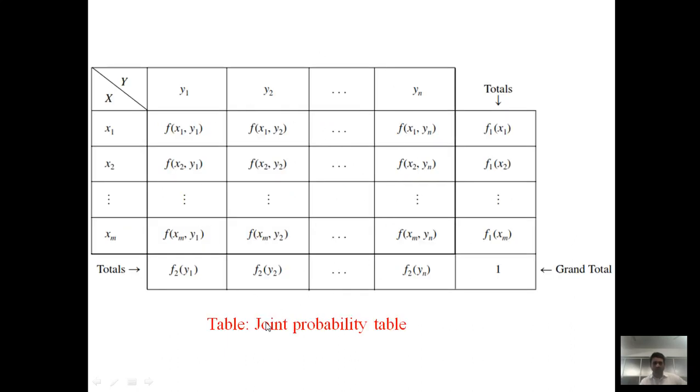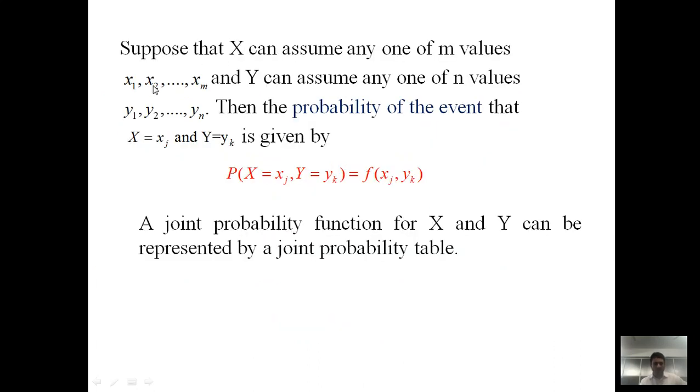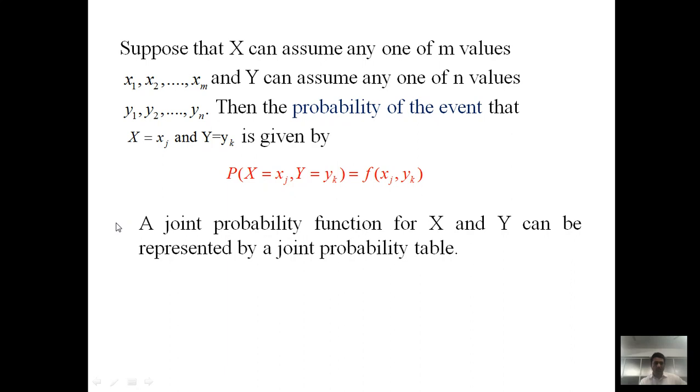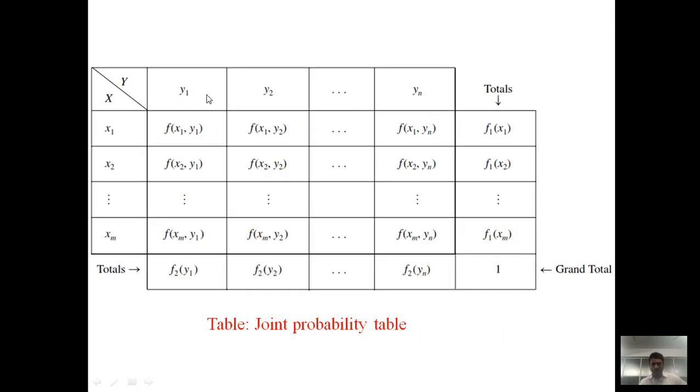This table is known as the joint probability table, where capital X and capital Y stand for random variables. Here we assume X takes the values x1, x2 up to xm, so we write down x1, x2 up to xm. Y takes the values y1, y2 up to yn, so we write these as the first row.